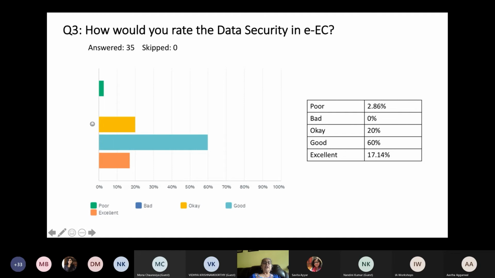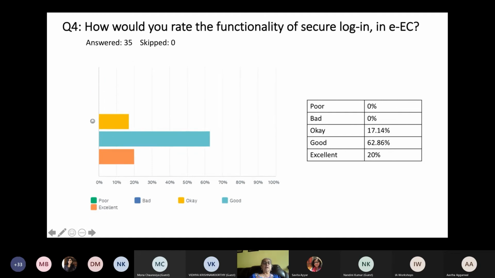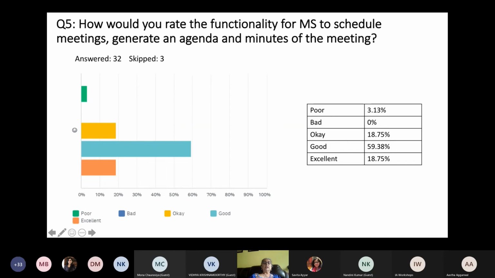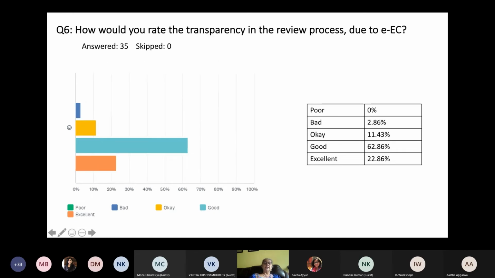The data security also was labeled mostly as good. The functionality of the secure login was also rated as good. The functionality for the member secretary to schedule meetings, generate an agenda and minutes of the meeting was also labeled as good by most people. Transparency in the review process and due diligence, because of the EEC, was also labeled as good.